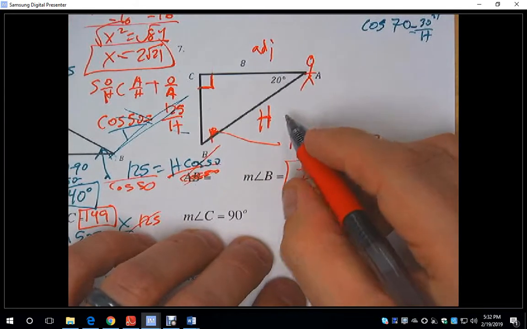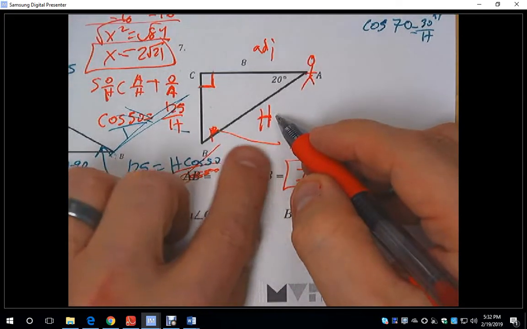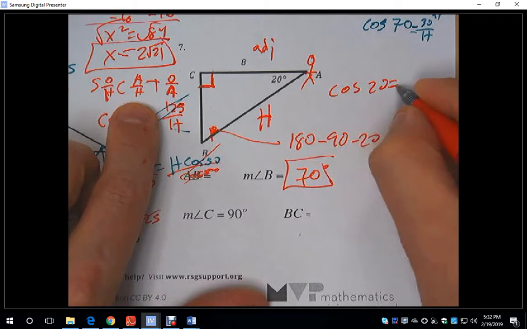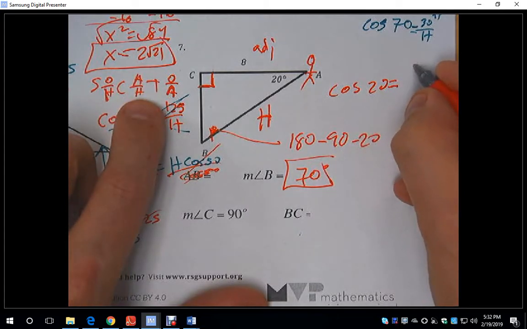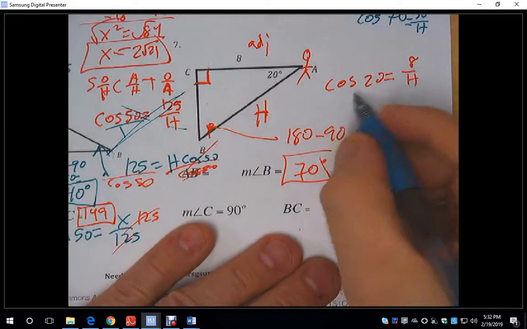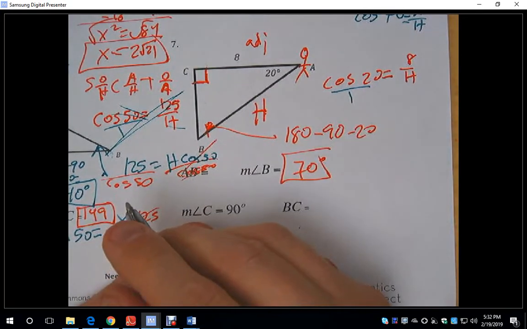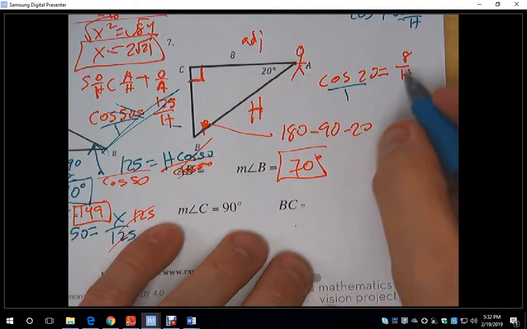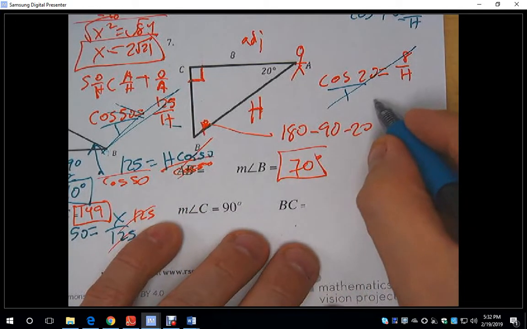So out of our choices, adjacent over hypotenuse, well, that's cosine. So cosine of 20 degrees equals adjacent, which is 8, over hypotenuse. Cosine of 20 degrees is cosine of 20 degrees over 1. And then we're going to solve for h using cross multiplication. Cross multiply this way, that gives me 8.